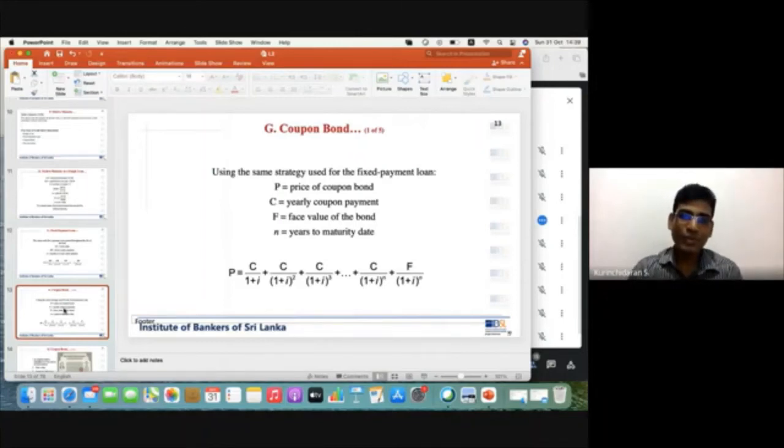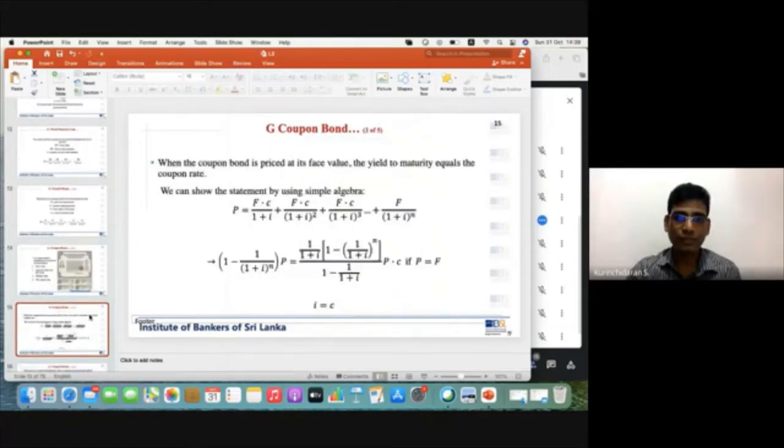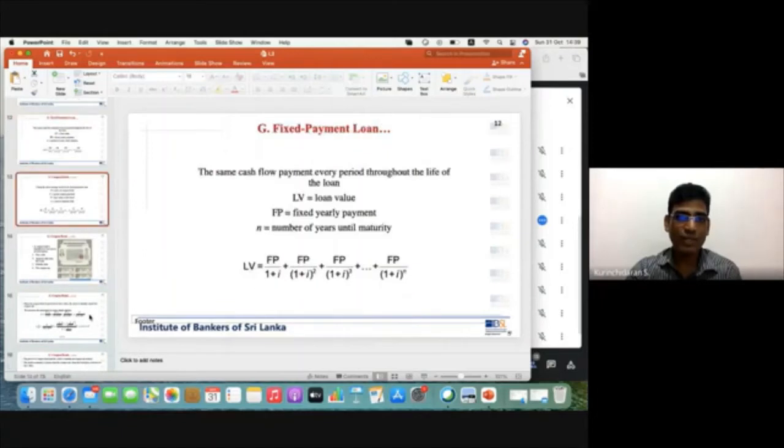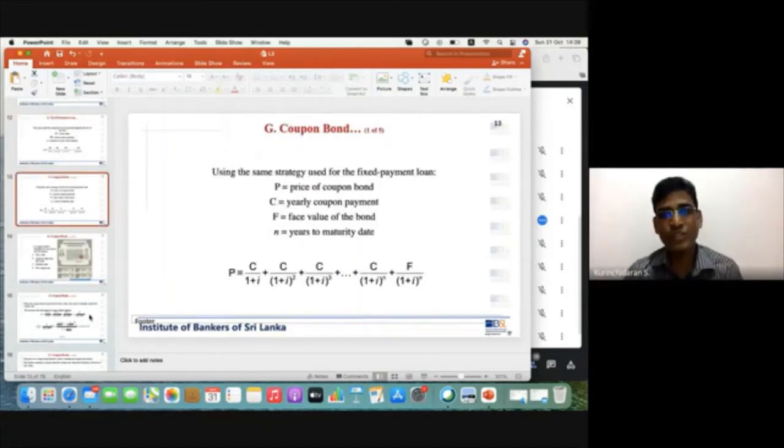Now, today you are going to, hold on for a while. Yeah, sorry. So we are talking about the coupon bond. Take a treasury bond as an example.